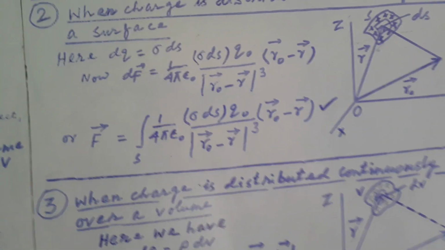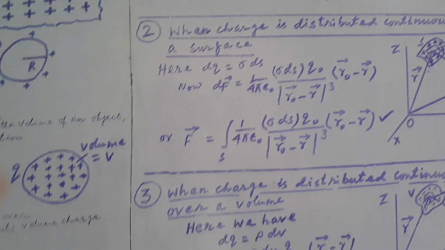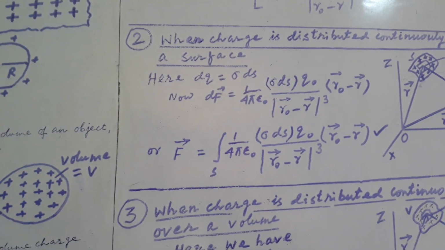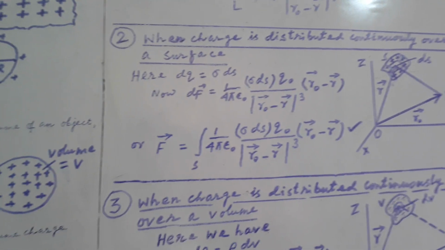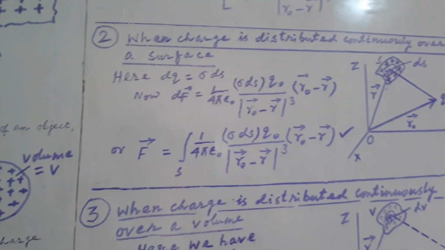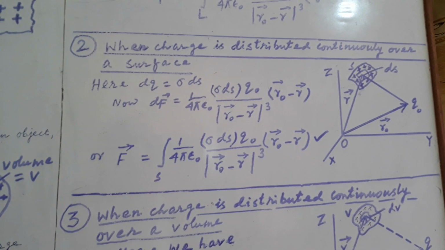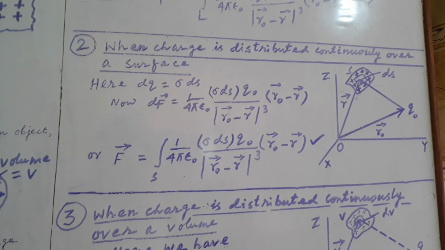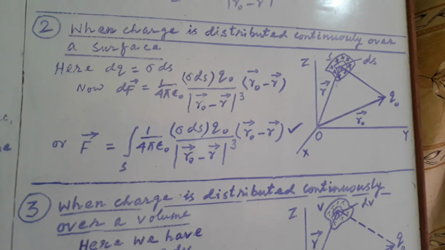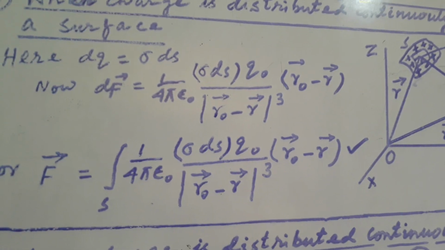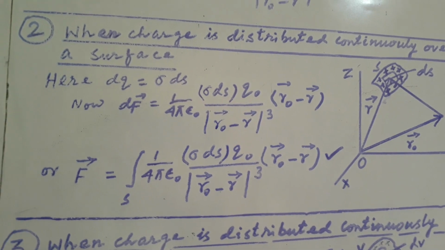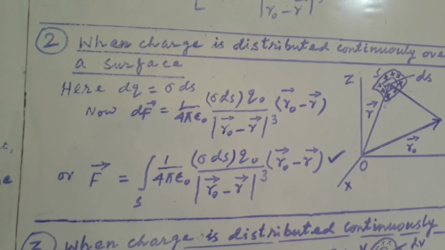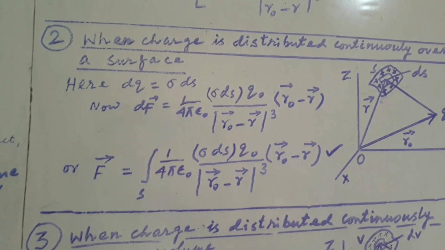In the same way we can write dq equal to sigma dS, and now the small force due to dS on q naught is given by dF equal to 1 by 4 pi epsilon naught, sigma dS q naught by modulus r naught minus r whole cube into r naught minus r.